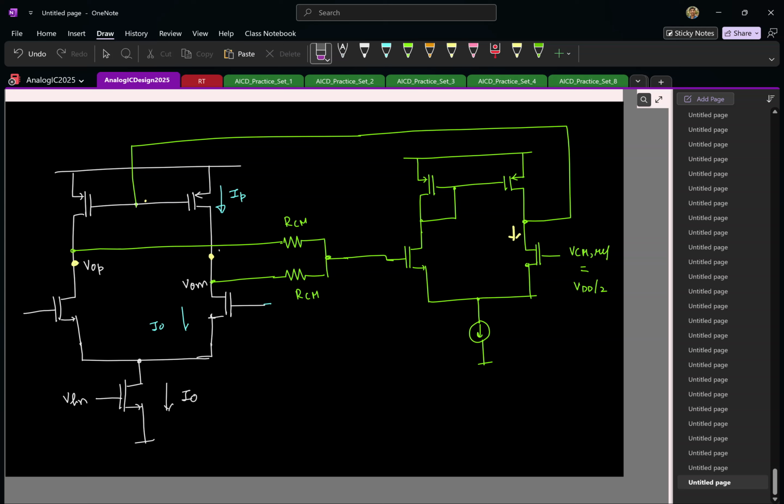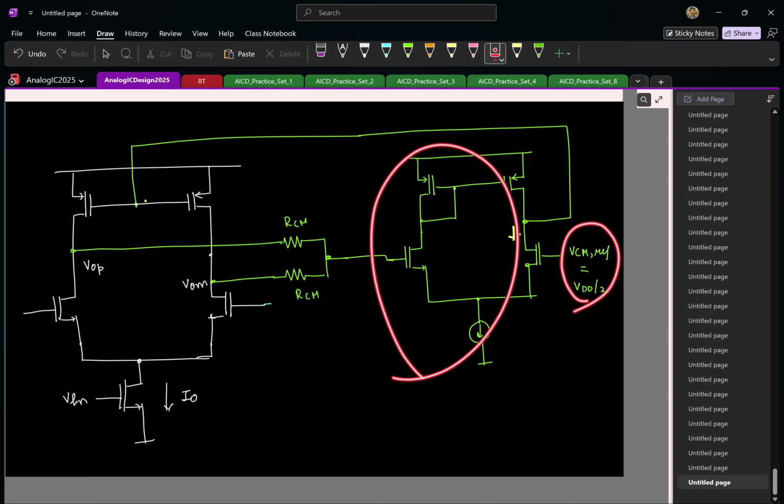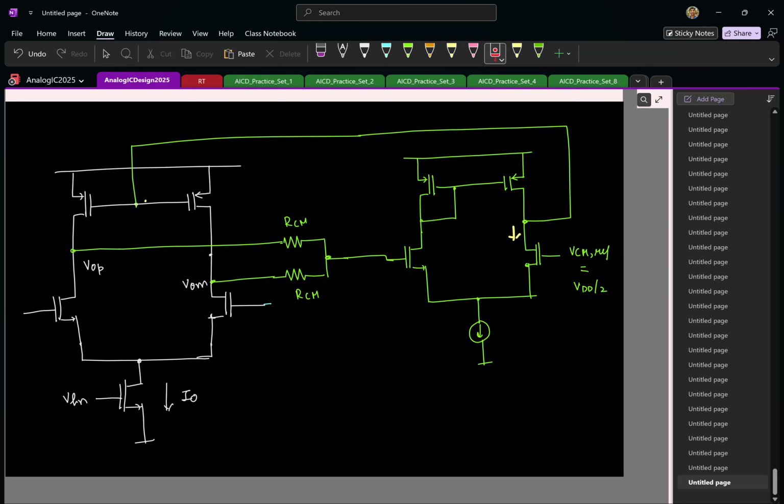Is this clear what you have done? I'm sensing the output common mode using a resistor and then giving it to an op-amp, comparing it with the reference common mode, for example VDD by 2, and then tuning the PMOS current.